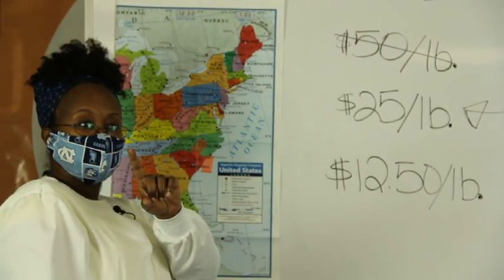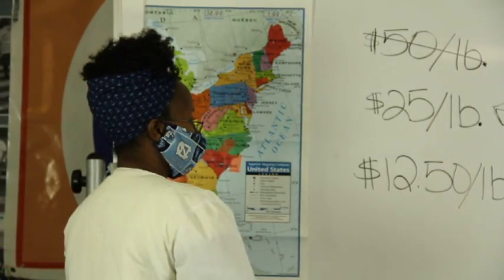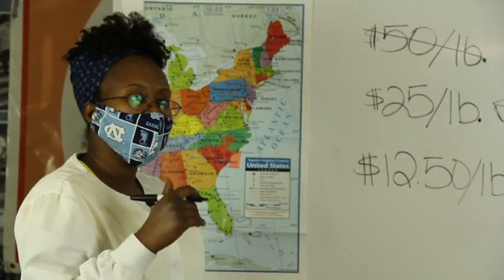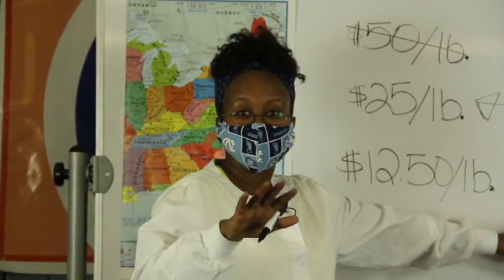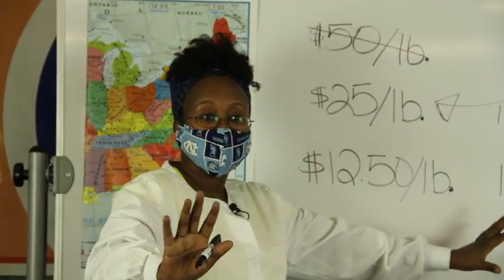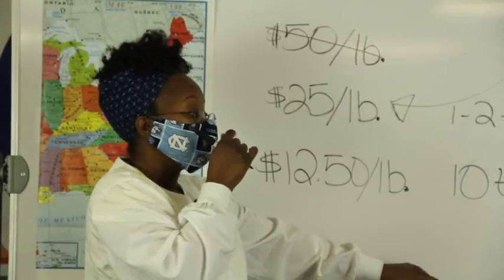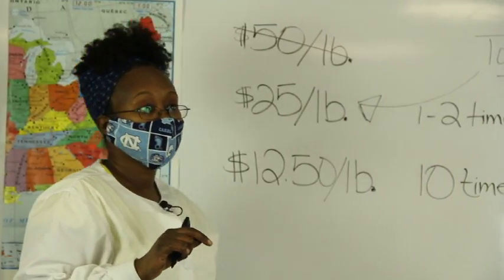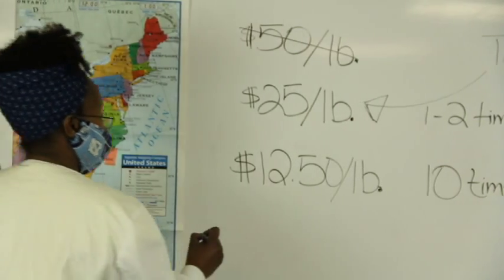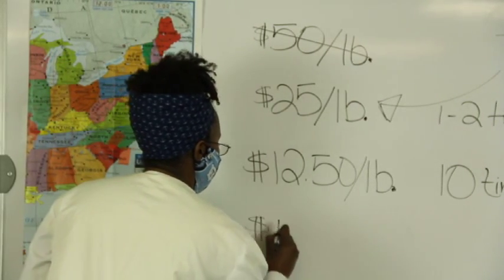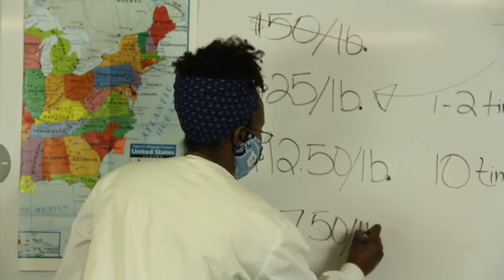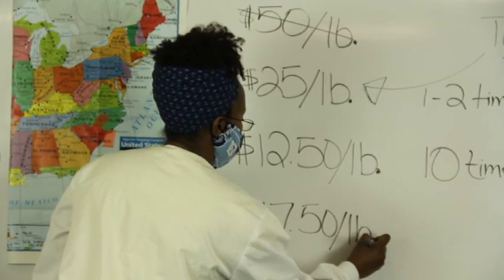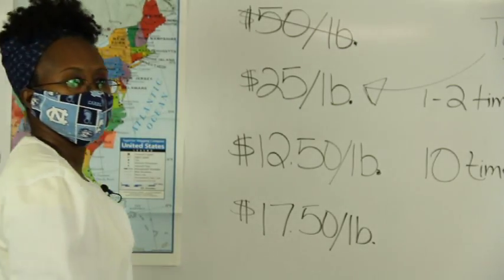But what if they say, you know what, I wonder how much more we can charge and have the tourists. What if we just during the times when tourists come in more, raise the price a little bit? So what if they decide, let's see how $17.50 works. What if they still get 10 times the people?